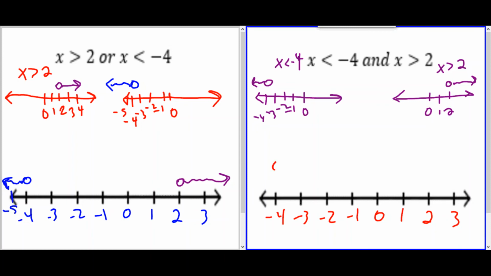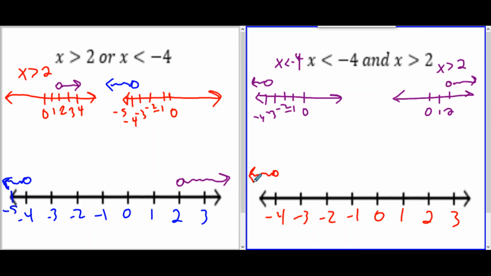I plot negative 4, open circle at negative 4, because it's strictly less than, and then shade to the left.